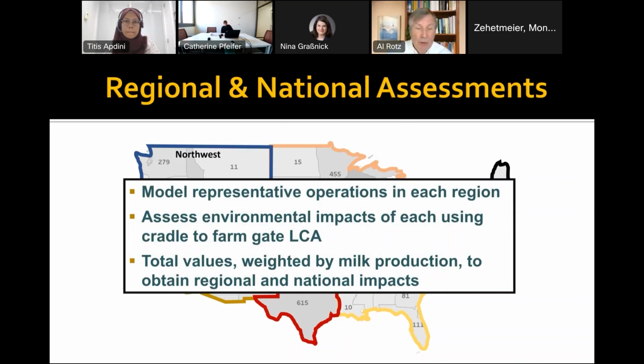Then we total those values across the regions and then across the country, weighted by the proportion of the milk produced by each of those individual operations for the total region, and then ultimately the total nation. So that's how we're doing it.